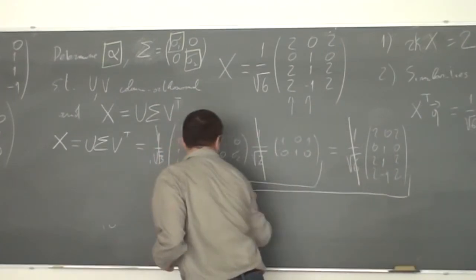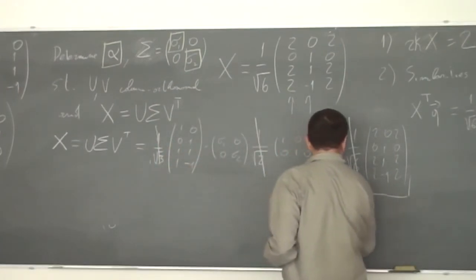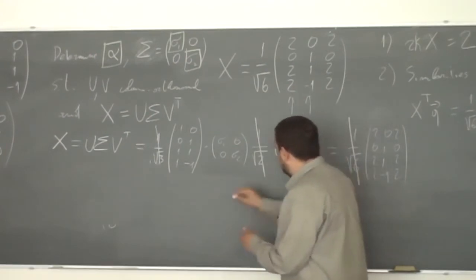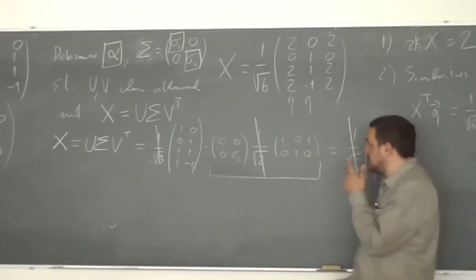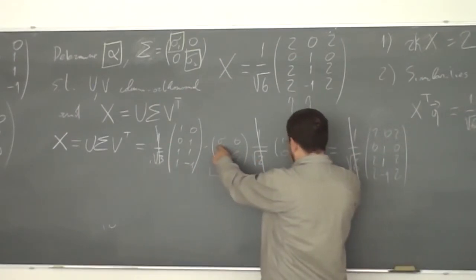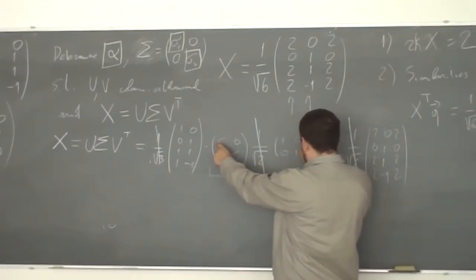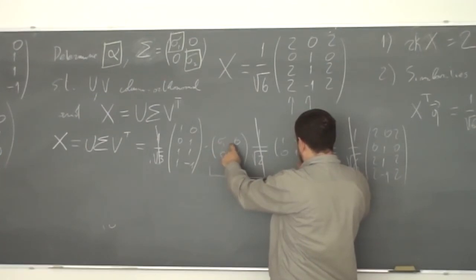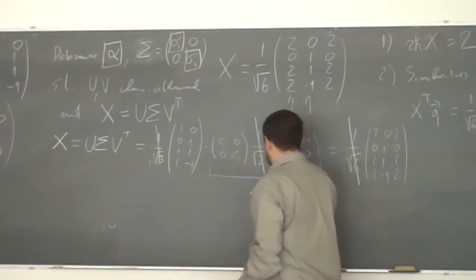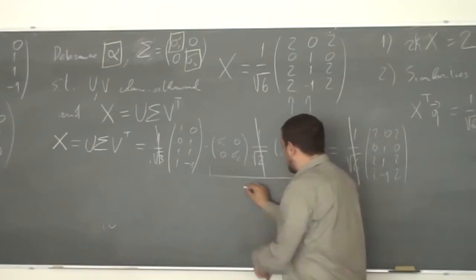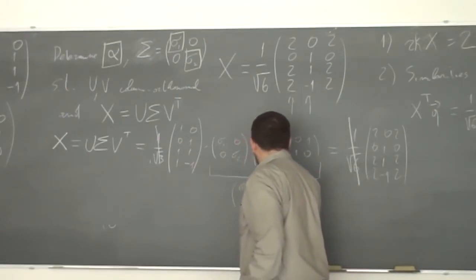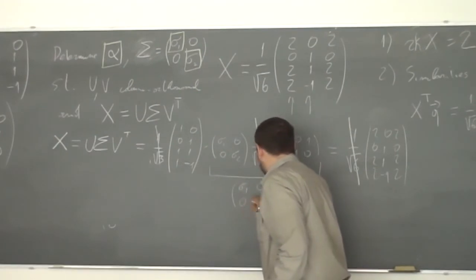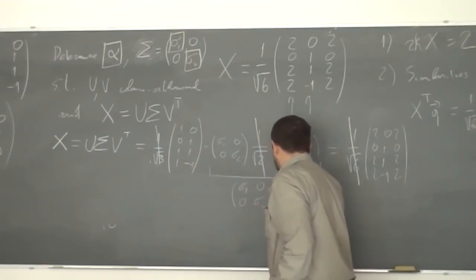Let's start by multiplying sigma times B transpose. This product becomes sigma 1, 0, sigma 1, 0, sigma 2, 0.